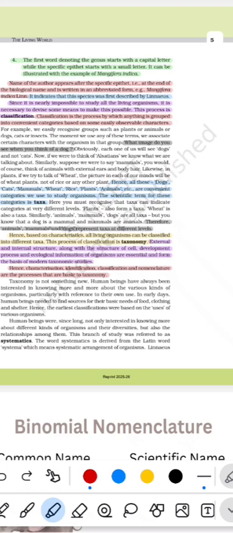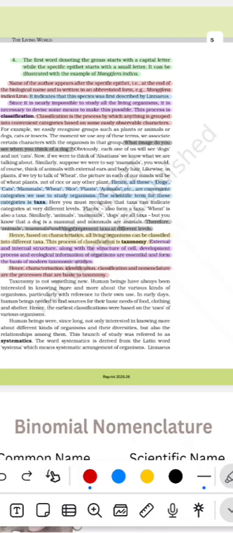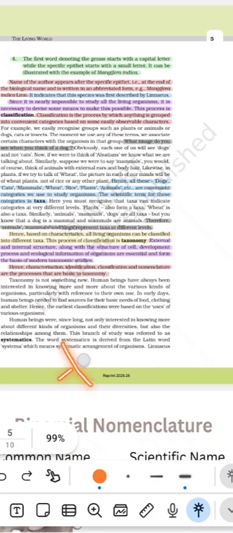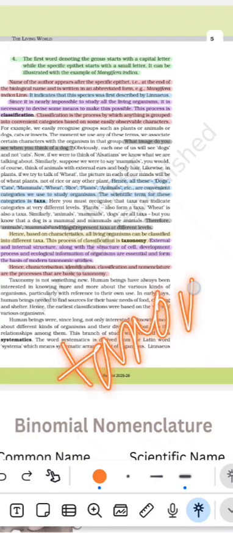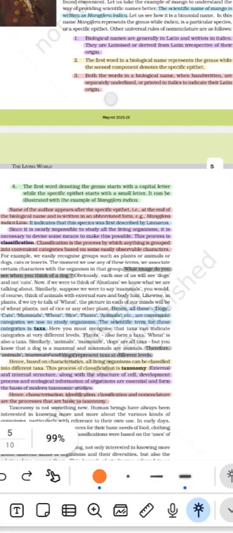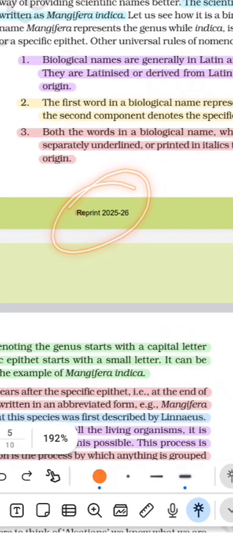Hence, characterization, identification, classification and nomenclature are the processes that are basic to taxonomy. Taxonomy is not something new. When we talk about taxonomy, we may think it is new to us because this is a 2005-6 reprint book.